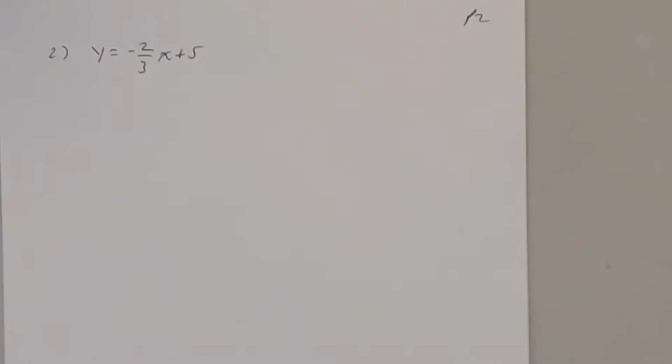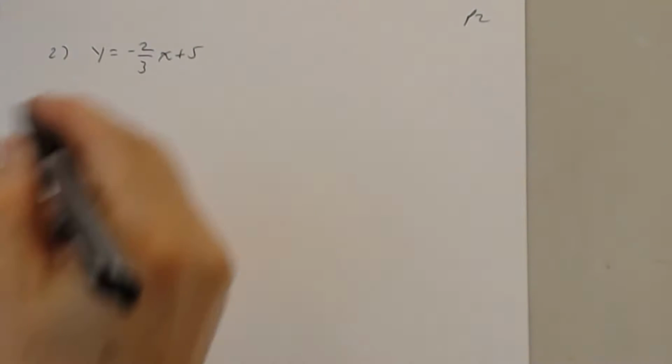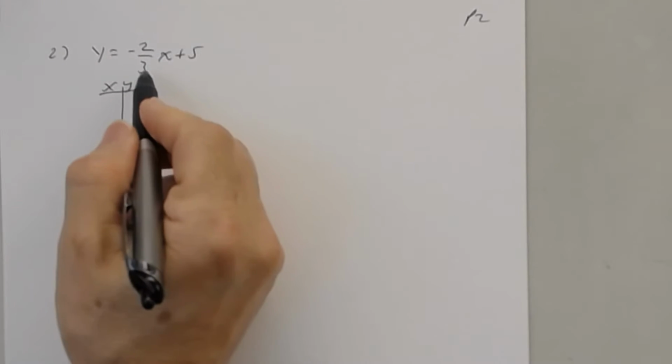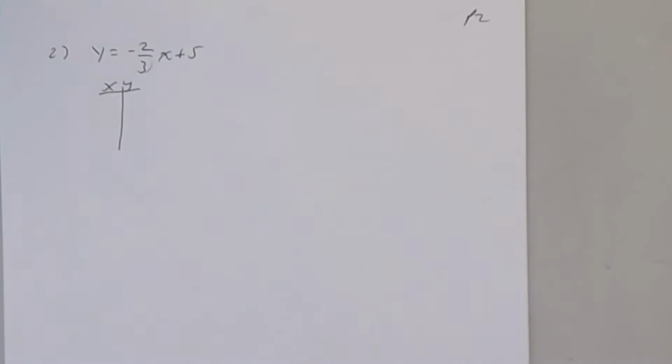So rather than dealing with fractions, we're going to choose numbers for x that are divisible by this denominator, by 3. So what numbers are divisible by 3? What's the easiest one to use? 0. Not 1. 1's not divisible by 3.